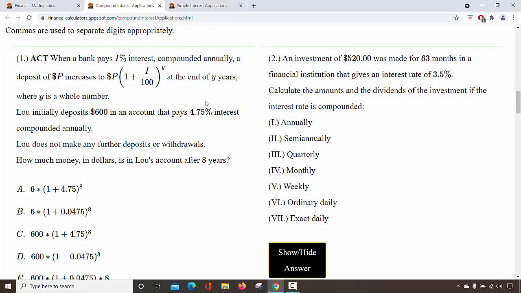Here we are given P, which is 600, the principal, the initial deposit. The interest rate, R, is 4.75%. You divide that by 100, giving 0.0475. Compounded annually means that M is 1. Then T is 8 years.